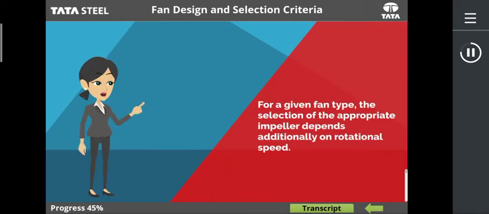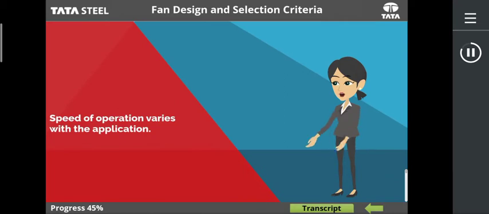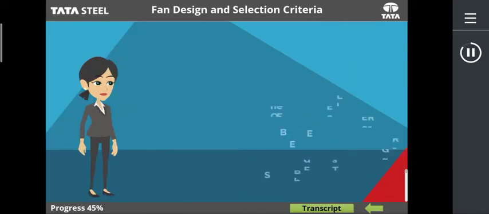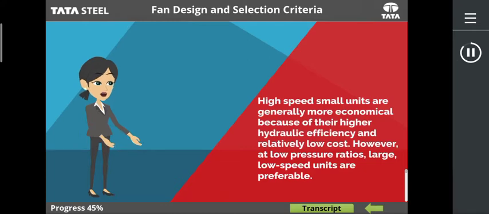For a given fan type, the selection of the appropriate impeller depends additionally on rotational speed. Speed of operation varies with the application. High-speed small units are generally more economical because of their higher hydraulic efficiency and relatively low cost. However, at low pressure ratios, large, low-speed units are preferable.